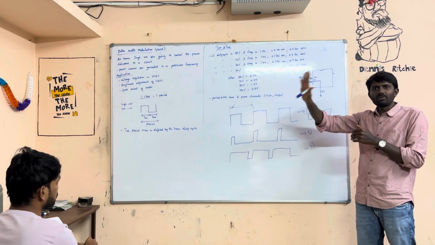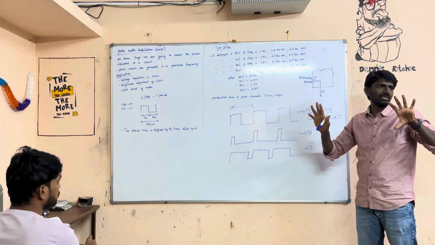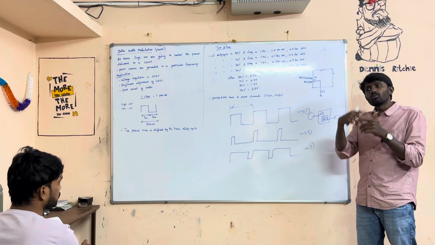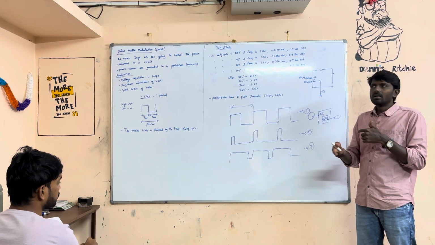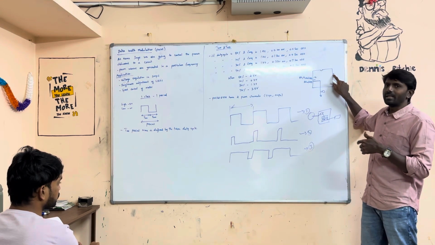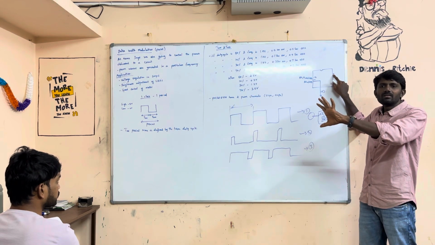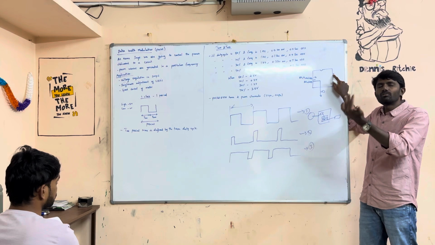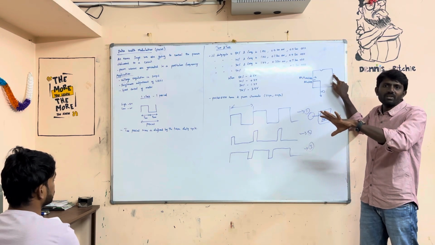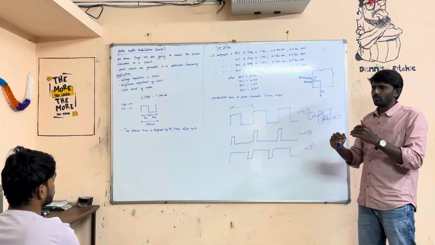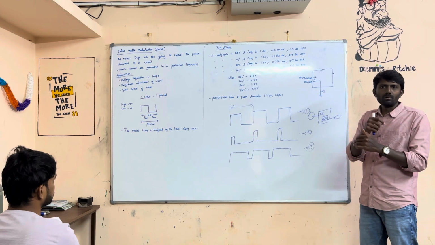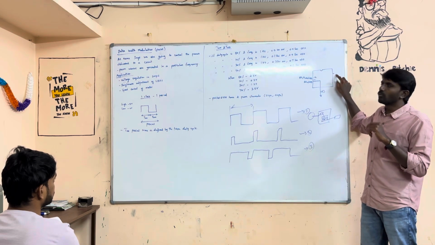T on time will be 50%, T off time is 50%. If my controller is working at 1 hertz, then on that particular pin 5 volt will be generated for 0.5 second and 0 volt for 0.5 second. 5 volt, 0 volt, 5 volt, 0 volt, 5 volt, 0 volt. As an average, what is the voltage you will get?